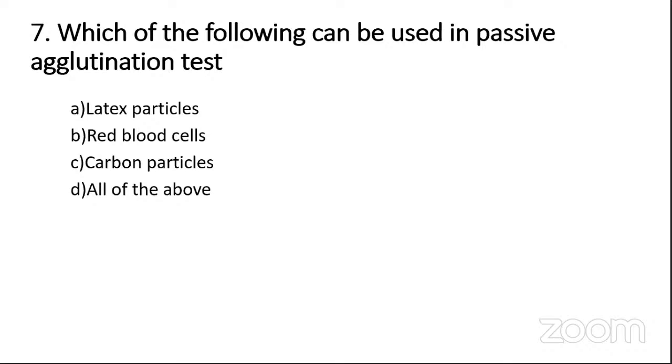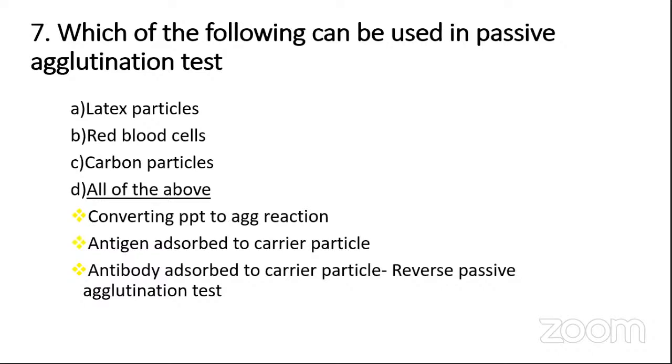So these soluble antigens can be attached to either a latex particle, RBC, or carbon particles. So all these can be used in the passive agglutination test. So converting precipitation to agglutination, it is mainly adsorbed to a carrier particle.